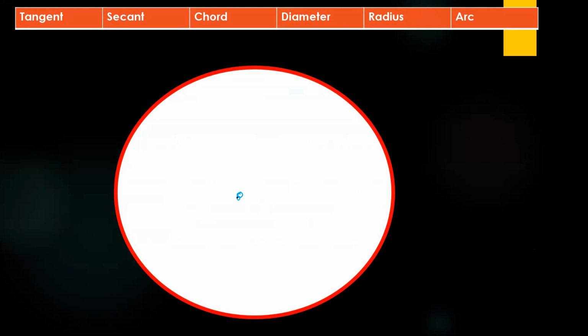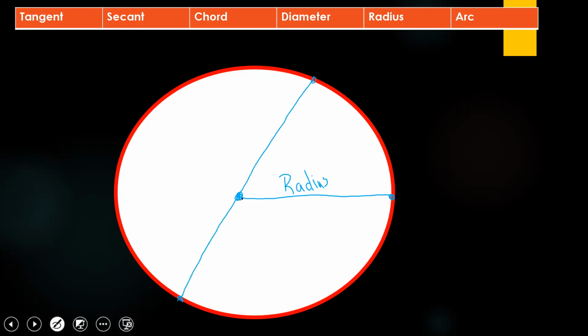A line segment that connects the center and one endpoint on the circle, we say it is a radius. And a line segment that connects two endpoints on a circle and passes through the center, we call it a diameter.